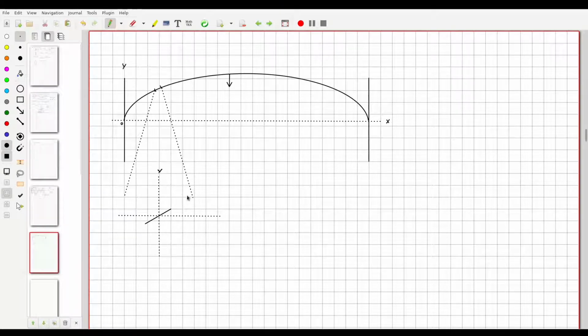So here's y, here's x, and I want to remind you about how strings and cables work. The tension at all points on the inside is the same, which means that if you think of this as being a little bit of mass, I'm going to say it has a mass of dm. Now, why dm? Well, the string that we're looking at right here is not an idealized string. It's not massless. It actually has mass, and typically what we say is it has linear mass density.